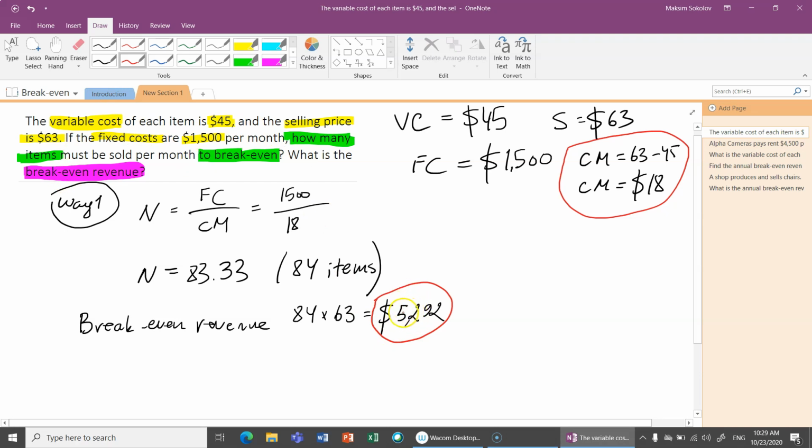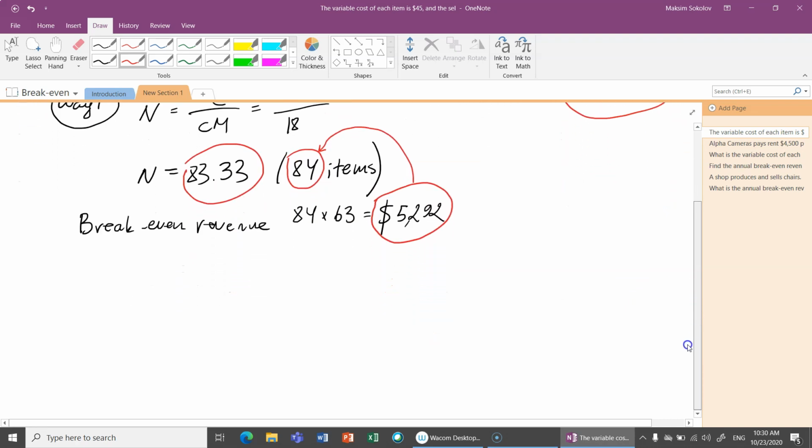Pay attention that this break-even revenue here is dependent on this rounded up number of items, which is 84 items. Once again, this is unless the product you are selling is divisible. And if that is divisible and it is possible for you to sell a fraction of that product, then it would make sense to use this unrounded number.